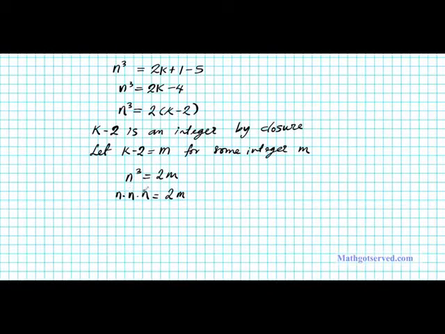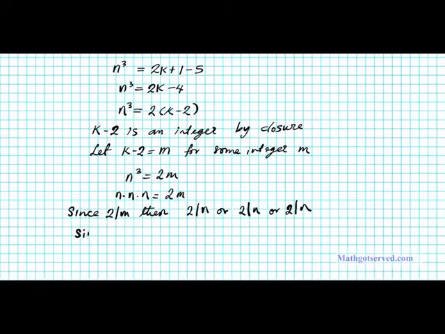It has to divide at least one of these factors, because 2 divides the expression on the right. So which of these does 2 divide? Well, they're all the same, right?